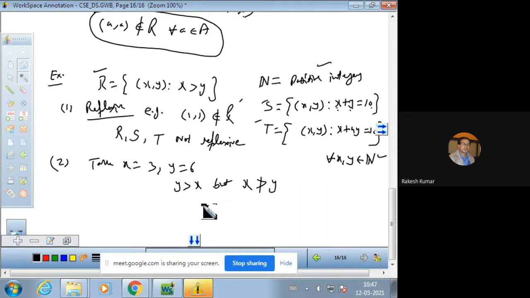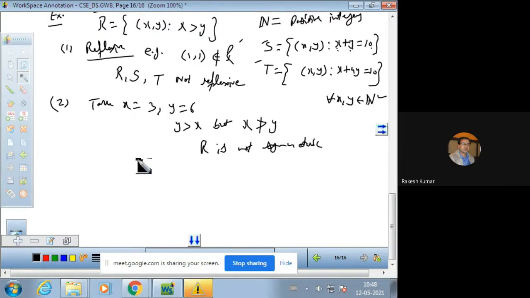It means R is not a symmetric relation. So R is not satisfying this property. Now, in the case of S, S is a symmetric relation because x plus y equal to 10, so y plus x will always be 10.